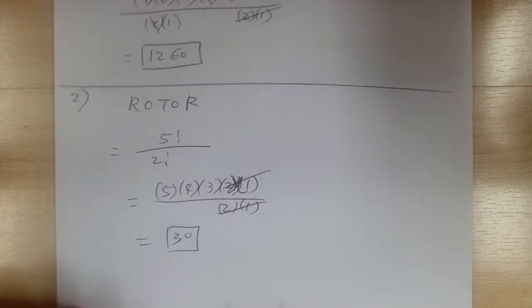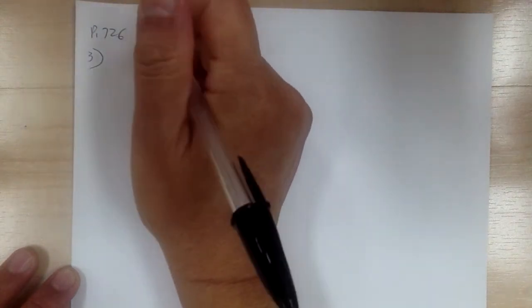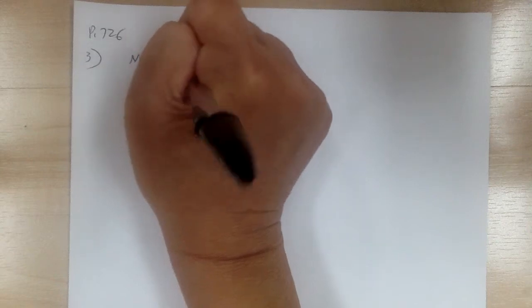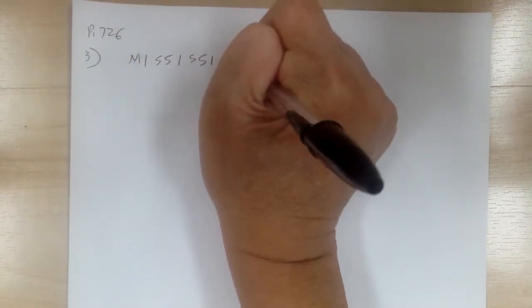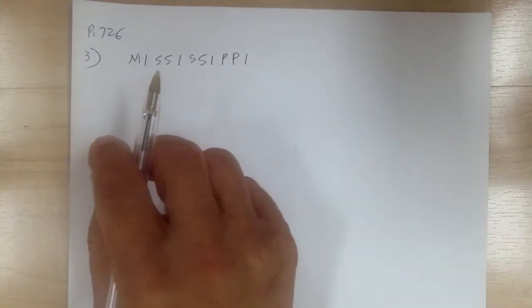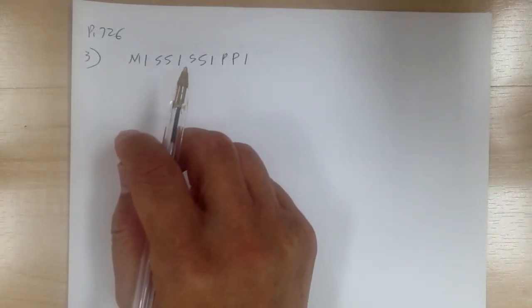Okay, let's go to the next one. Okay, so you have the word Mississippi. Okay, so you have 11 letters.